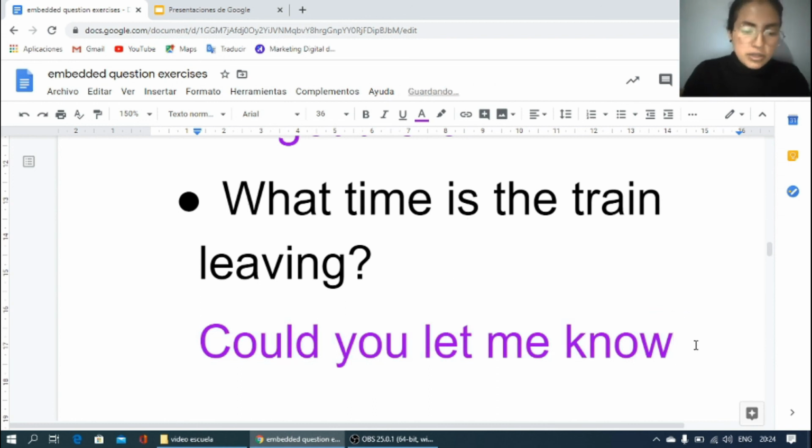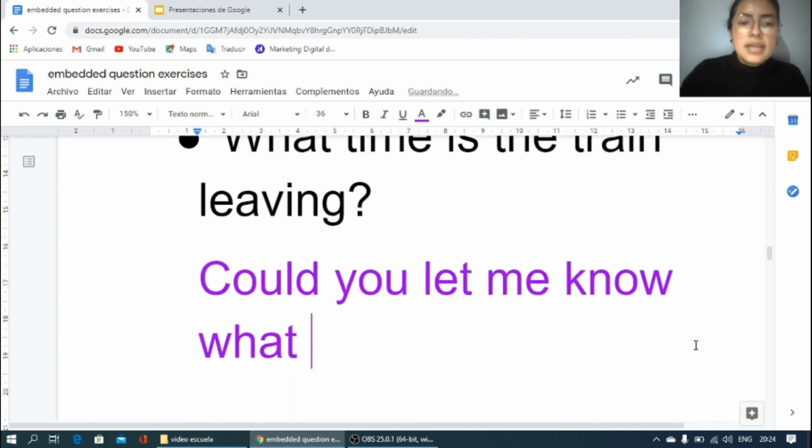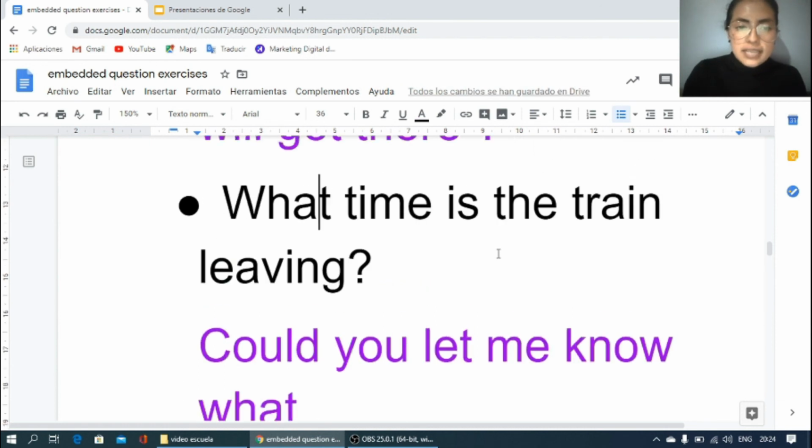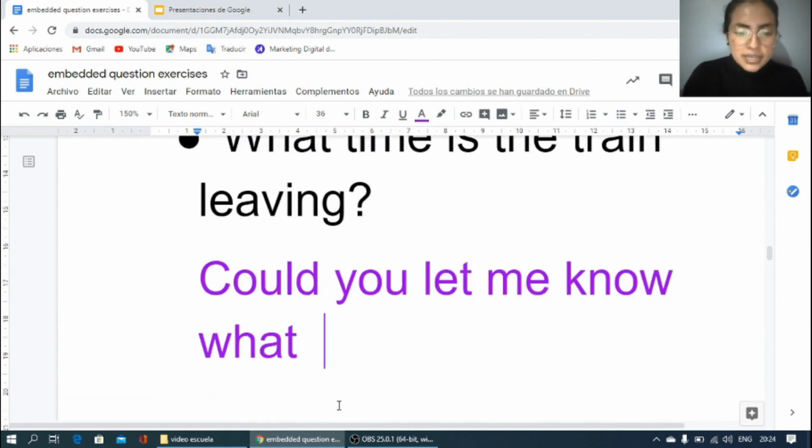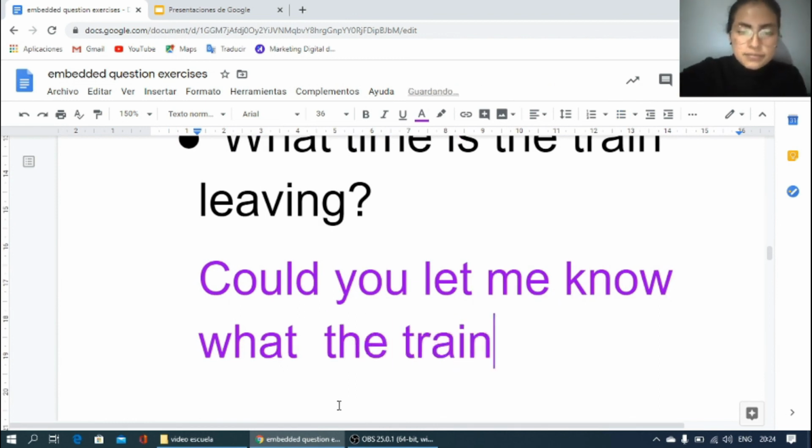The WH question: what. And you have to write the subject. Okay, in this case, is a subject? No. The train is a subject? Yes, very good. What, the subject, the train. And you have to write a verb.